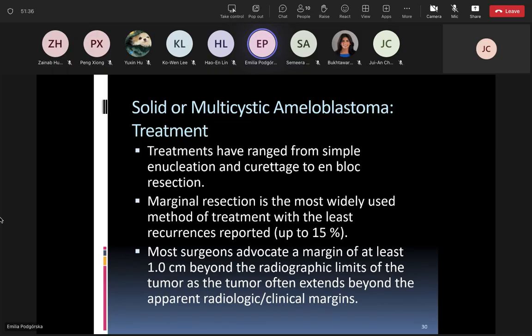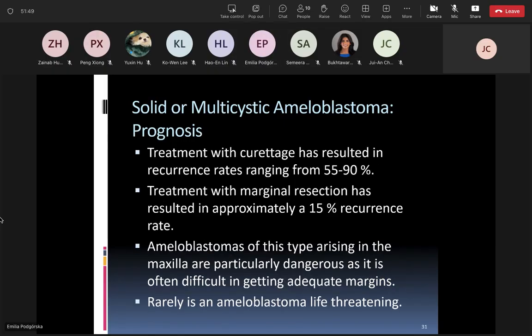Most surgeons advocate a margin of at least 1 centimeter beyond the radiographic limits of the tumor, as the tumor often extends beyond the apparent radiographic and clinical margins. Treatment with curettage has resulted in recurrence rates ranging from 55 to 90%.